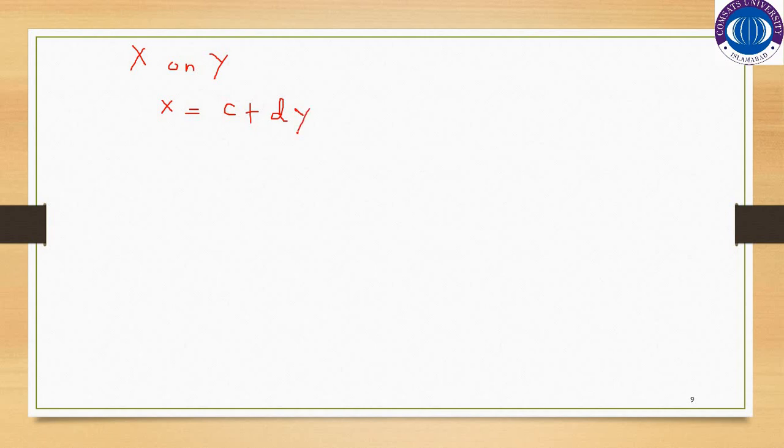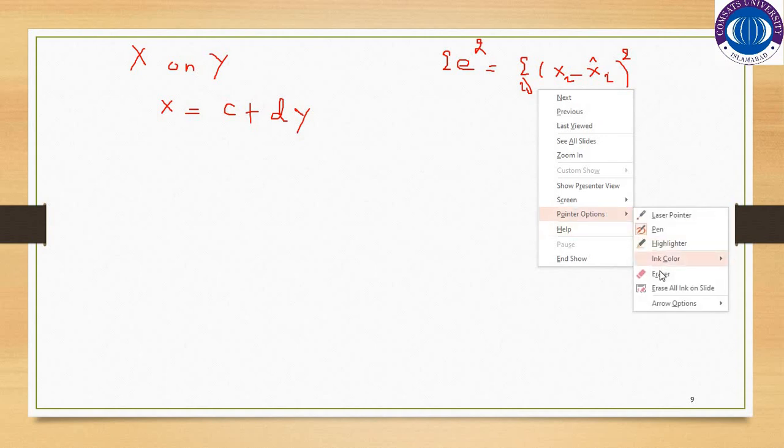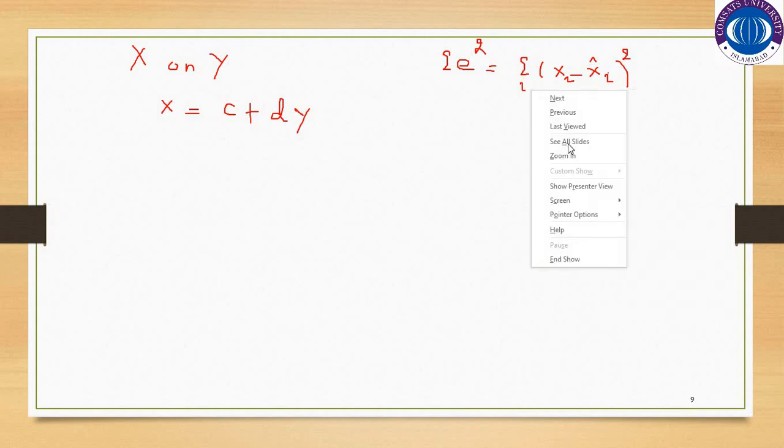Again, by using the method of least squares, by minimizing the sum of squares of residuals, which will be summation of x minus x hat, whole square, where x is the observed value and x hat is the estimated value, i equals 1 to n.